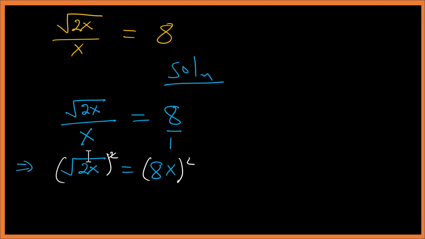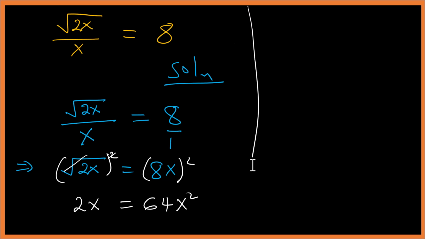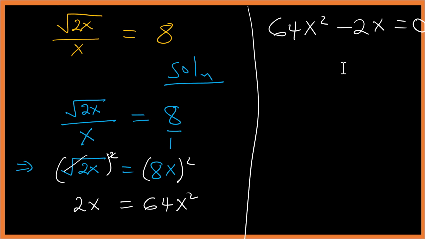So this side will cancel, 2x. So we have 8 squared, 64 x squared. From here, we can write this as 64x squared minus 2x equals 0.